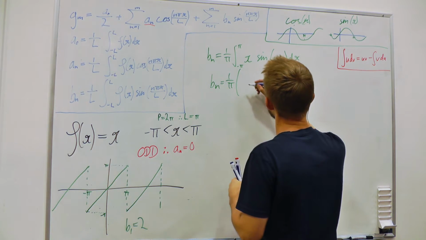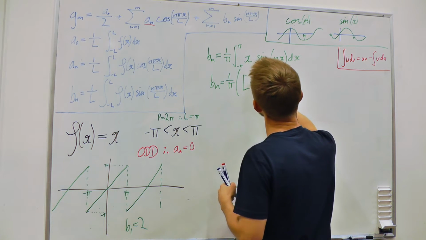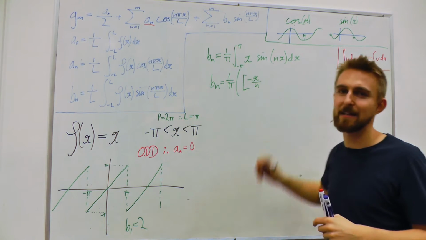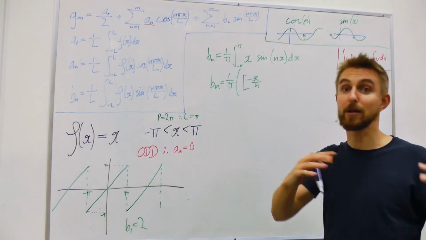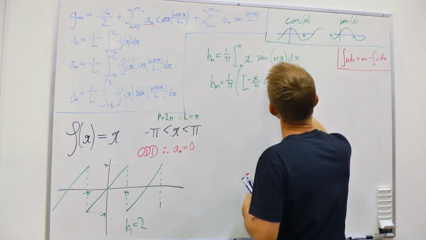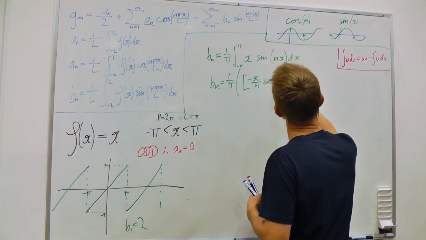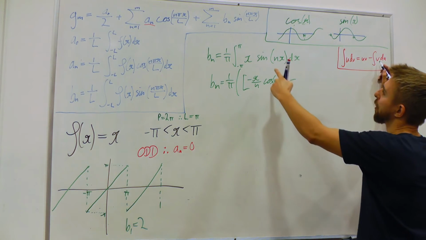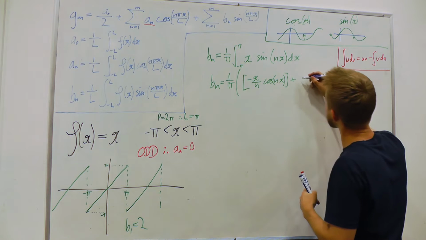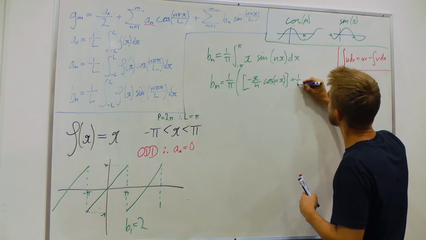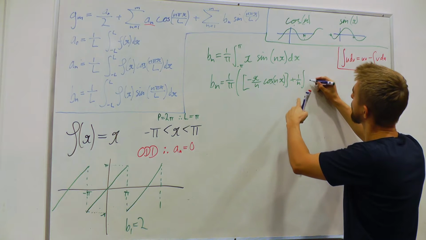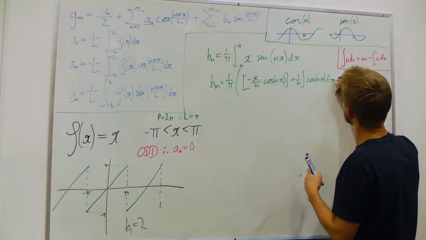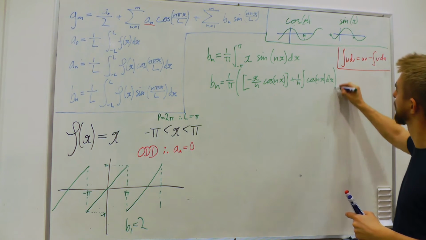So we're going to get minus x over n, because of course sine nx integrates to minus 1 over n cos nx, minus the integral of minus cos, so it becomes a plus again. You get this 1 over n term, and then we've got the cos in here, so cos nx dx. Okay, and then close the big brackets here.